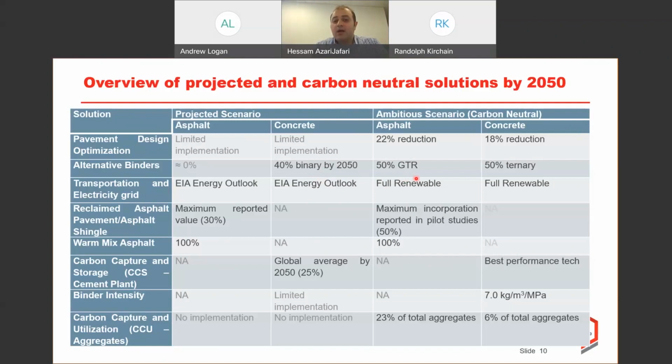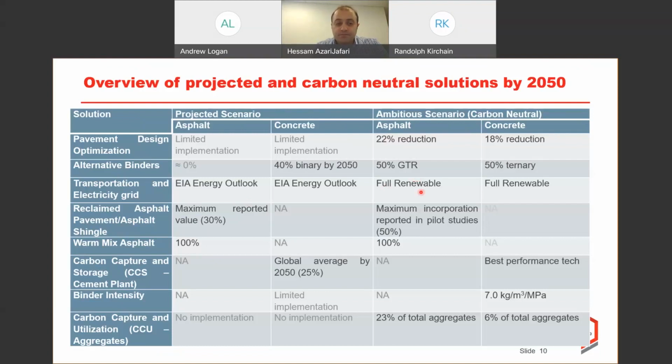And we can also see some observations in the pilot projects of up to 50% increase of the alternative binders in the mixtures. For the transportation and electricity, we relied on the energy outlook reports, but for the ambitious scenario, we assume that we can supply the energy demand for the supply chain of cement, concrete, and asphalt by full renewable energy sources.